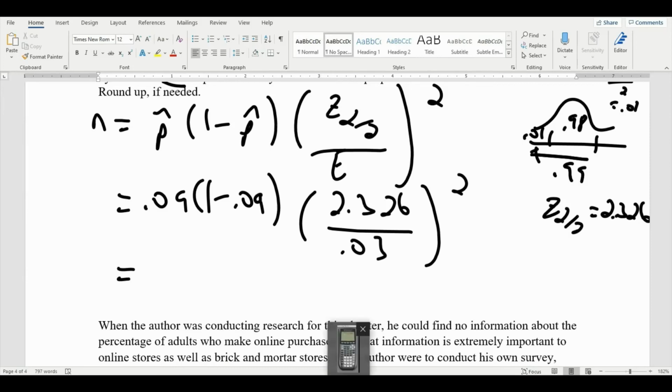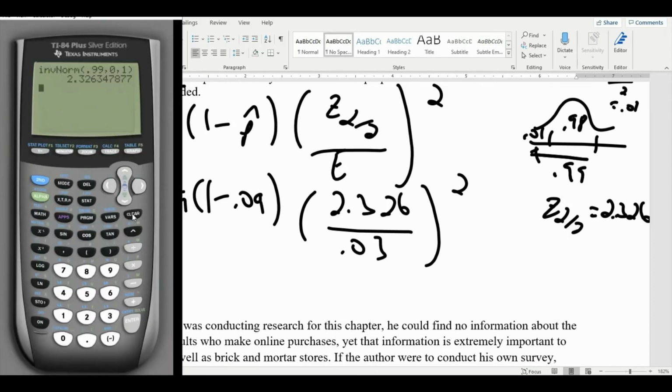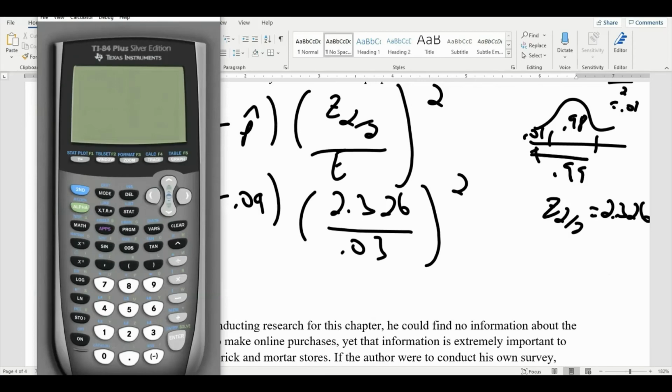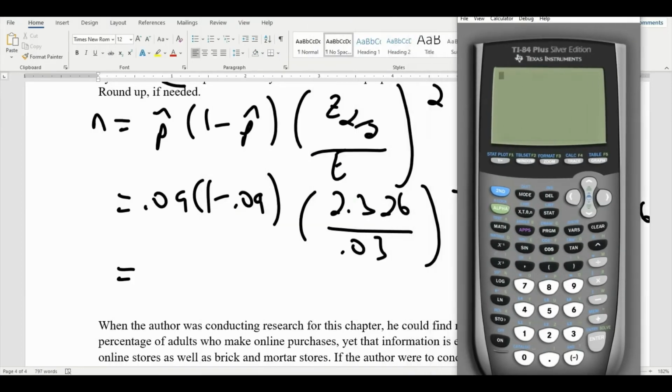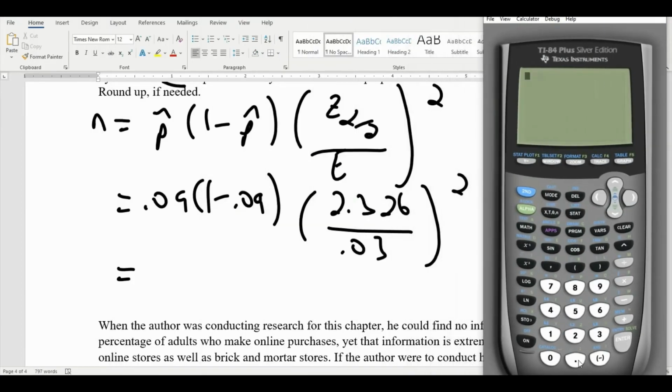So I just substitute that in for p hat. Then I'll take out my calculator and attempt to type it in correctly. I'll move it over here so we can see it. So 0.09, I'm just going to type it in like it is. Parentheses, 2.326 divided by 0.03, and don't forget to square it.